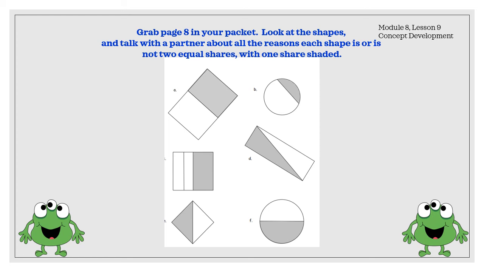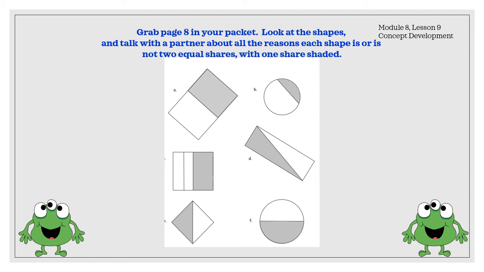You do not need to pull this page out. I want you to look at all the shapes on your page. So we have some circles and rectangles and squares. And I want you to talk about all the reasons each shape is or is not 2 equal shares with 1 share shaded.